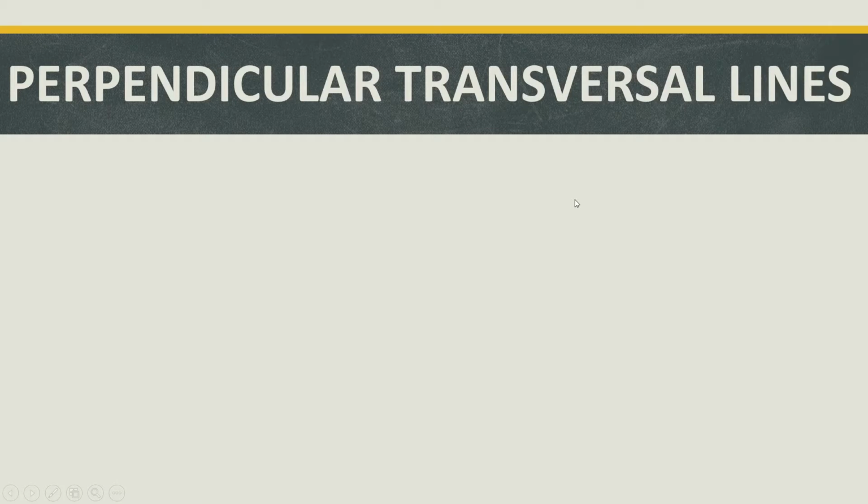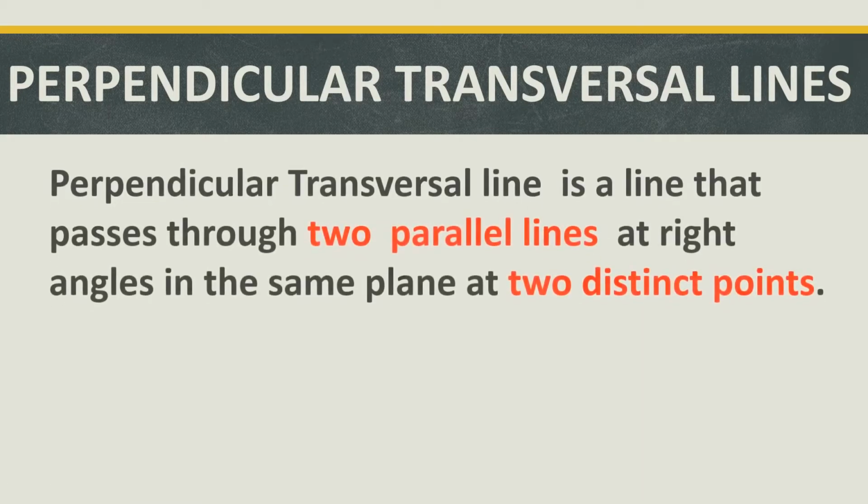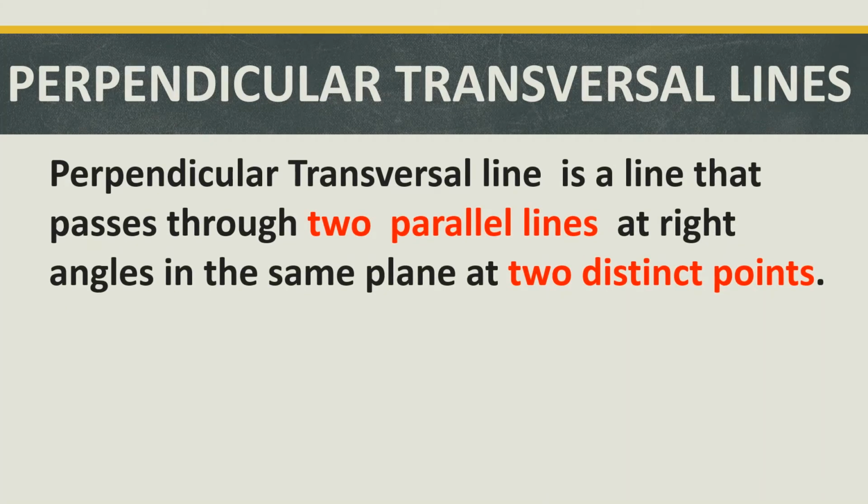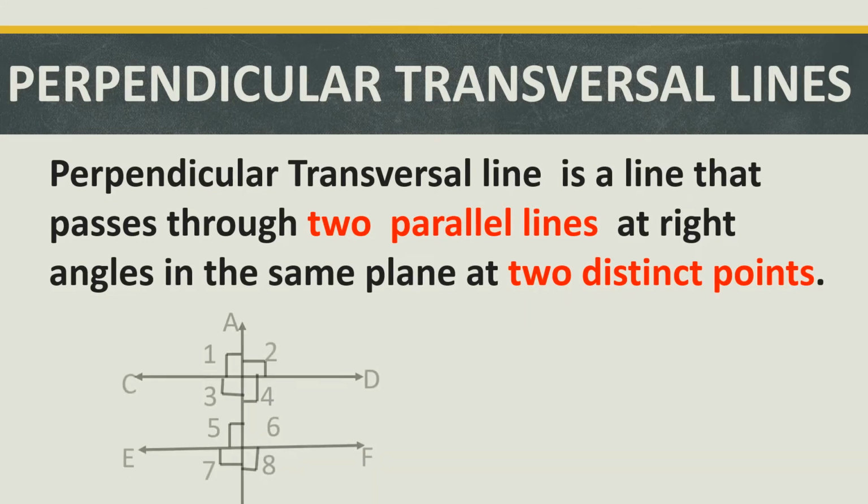Now let's learn about perpendicular transversal lines. A perpendicular transversal line is a line that passes through two parallel lines at right angles in the same plane at two distinct points.